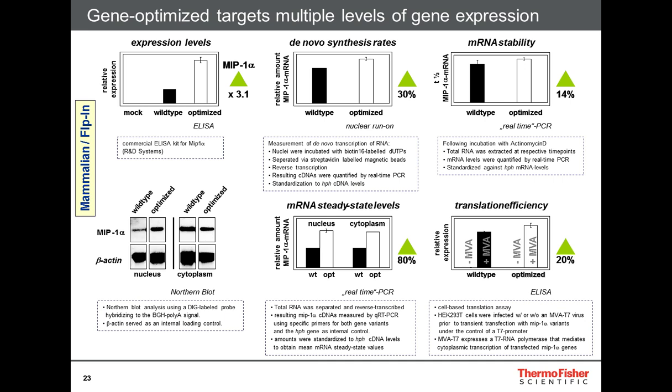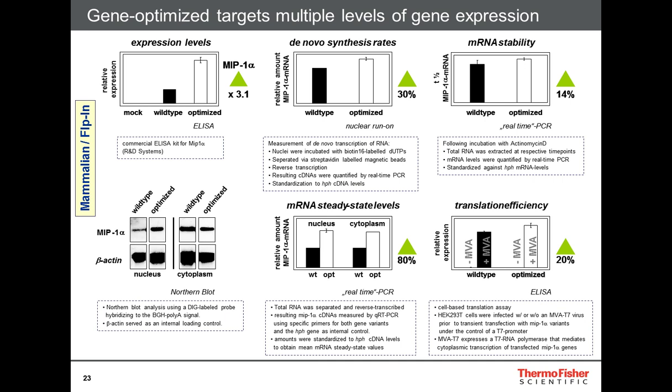Then on a northern blot, we found that the optimized mRNA did not perform any better when it comes to nuclear export. So wild type and optimized mRNA were equally well exported from the nucleus into the cytoplasm.